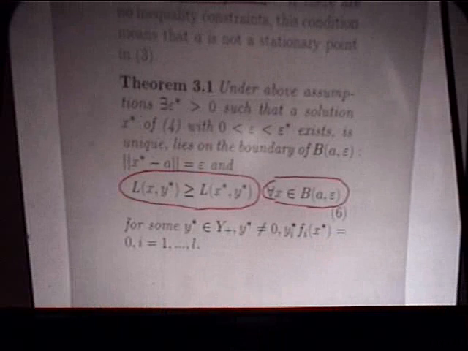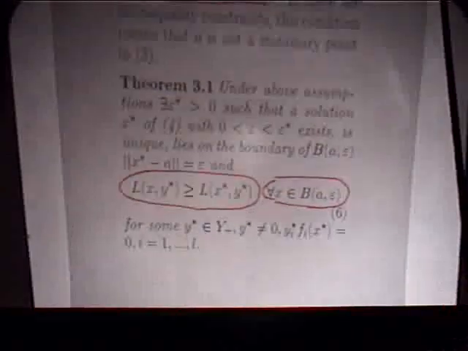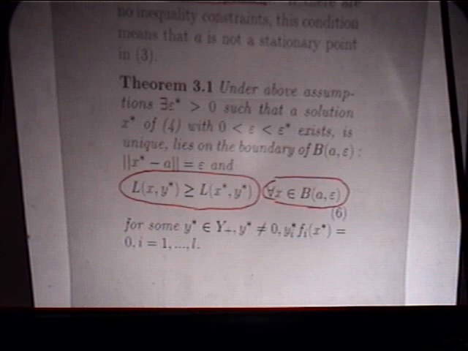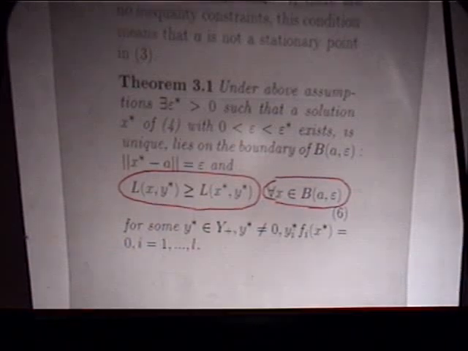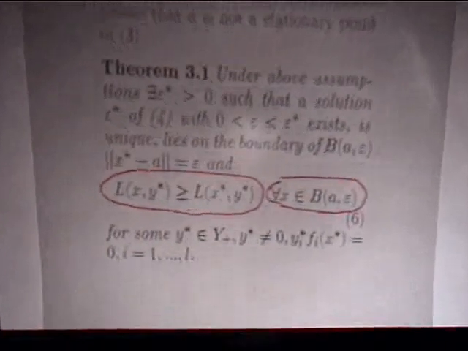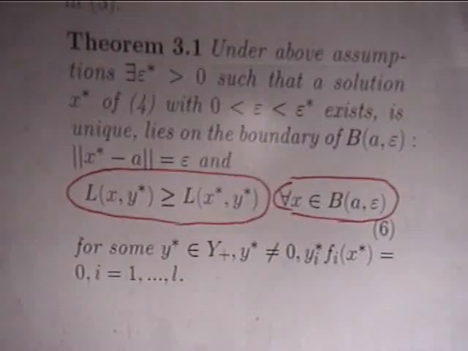And what is surprising is that under these assumptions, we have the standard assertion, which is exactly the duality theorem for convex programming. And again, I insist that it is not a convex problem.